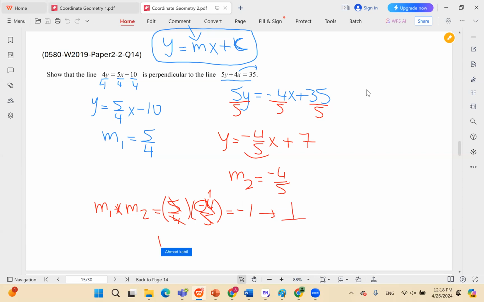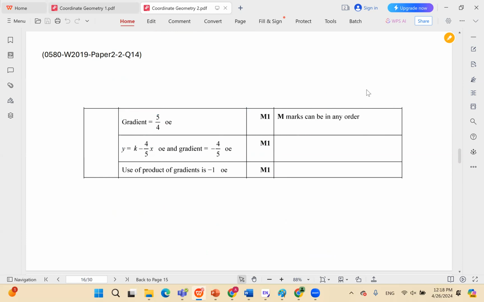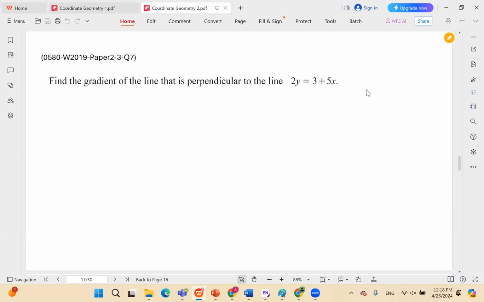Because we said that for perpendicular lines, m2 equals negative 1 over m1. And this is exactly the same as saying m2 times m1 equals negative 1. So you just show that one of them has a gradient of 5 over 4, and the other has a gradient of negative 4 over 5, and the product is negative 1. This is sufficient to prove that they are perpendicular.